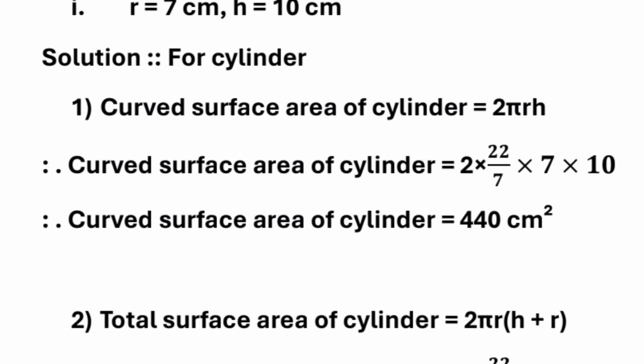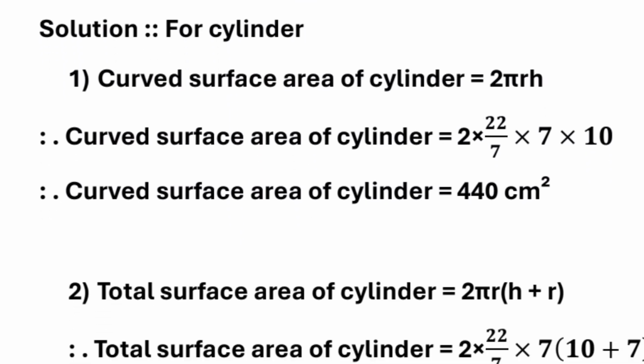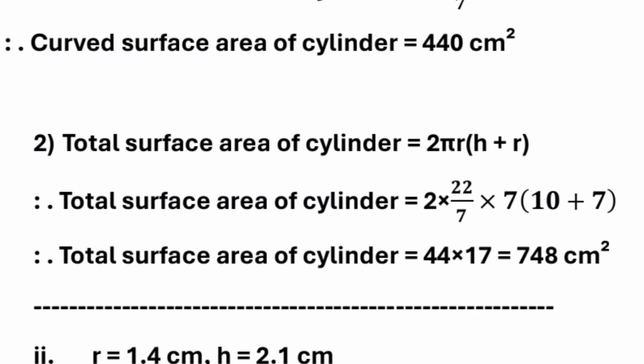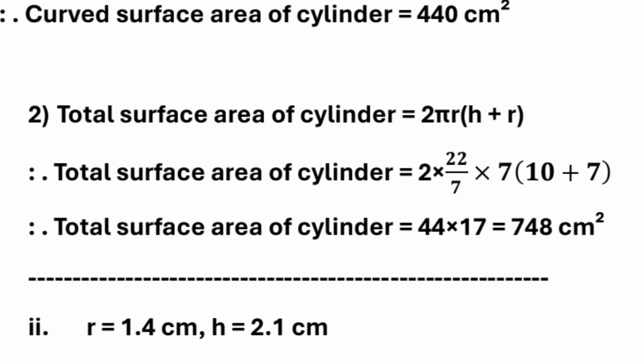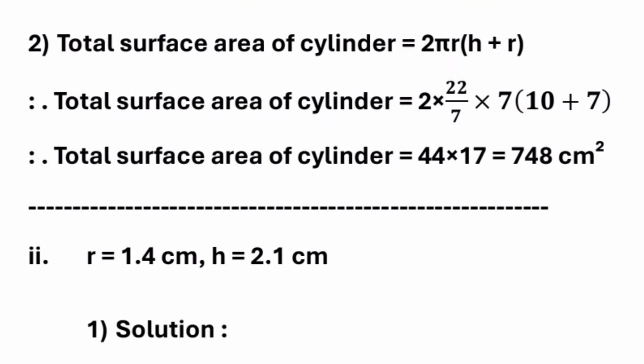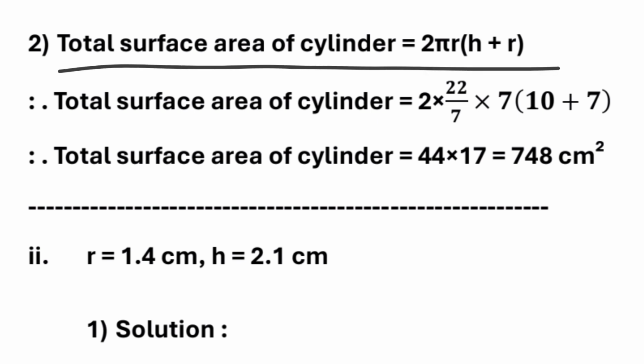Therefore we write here total surface area of cylinder is equal to 2 pi R bracket H plus R, or R plus H. You write anyway. Now we put values of pi, R, H.